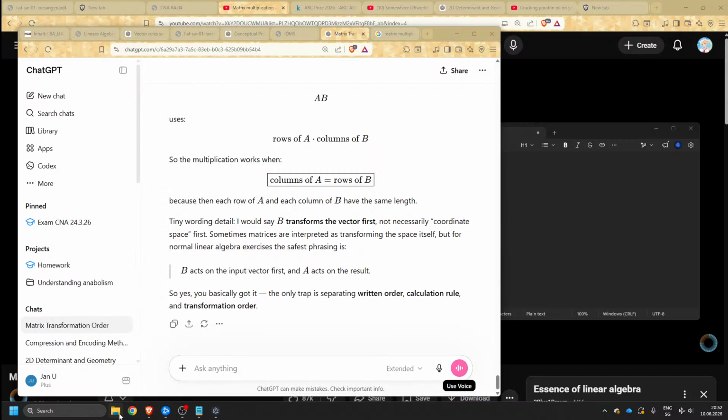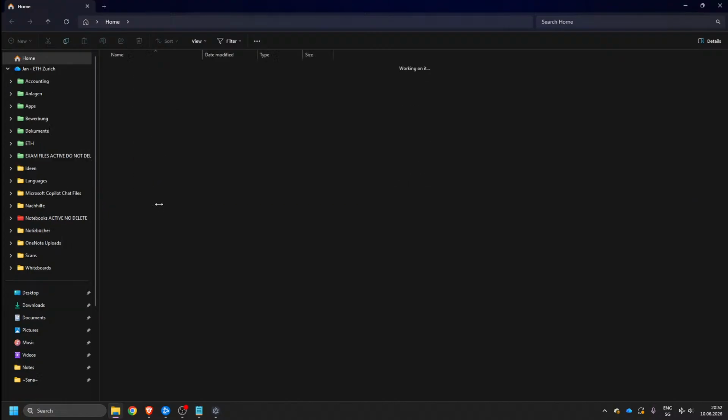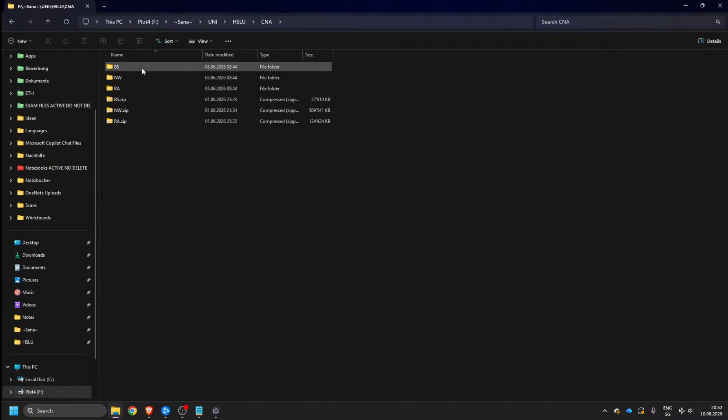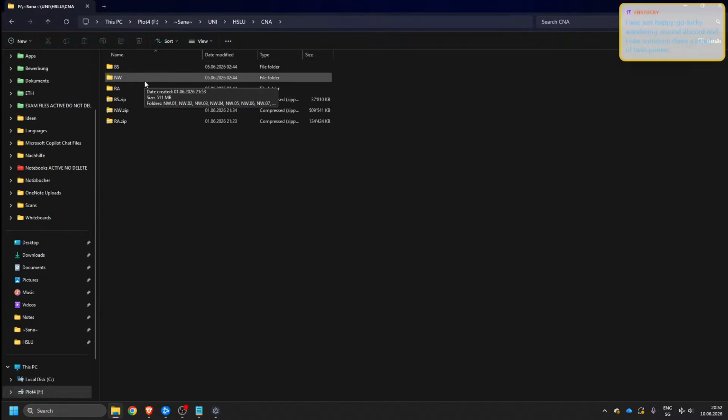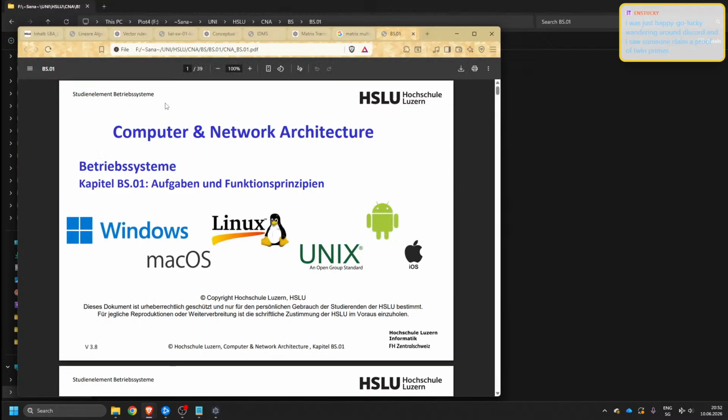Now I still have to go over this, and then my life will probably be a little bit easier. We will go about, I think that is easier. Operating systems.